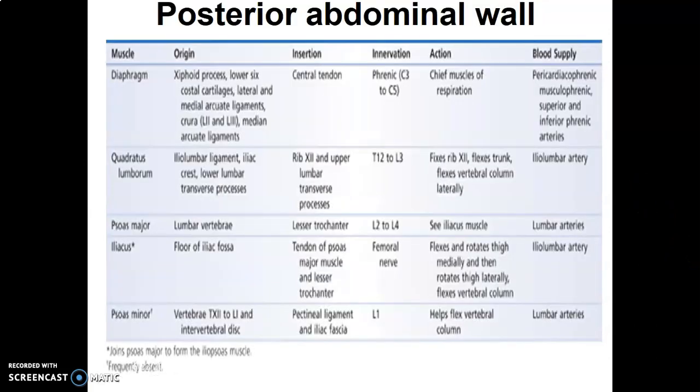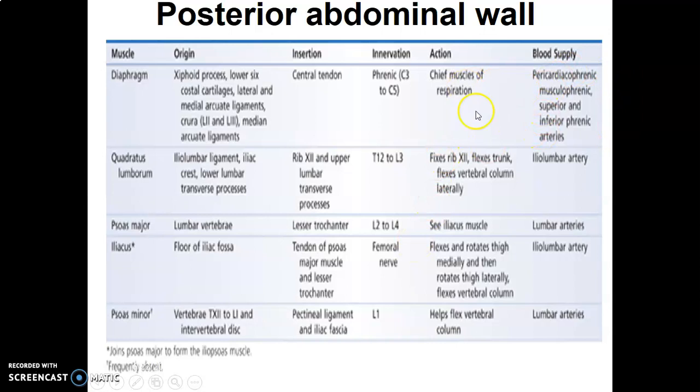So take time and look at this table for these muscles, learn their origins and insertions, use your atlas to look at them, learn their innervations, their actions and the blood supply and where all these arteries come from. For example, iliolumbar comes from the internal iliac. The lumbar arteries come directly from the abdominal aorta. Those are the things you need to know in detail. Root value of the femoral nerve is L2 to L4. Psoas major is innervated by the femoral nerve.